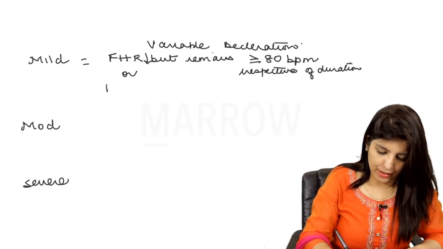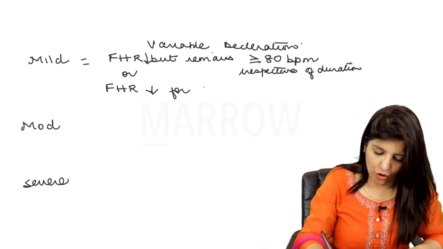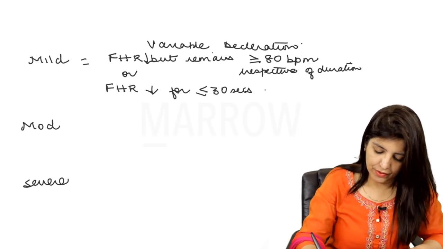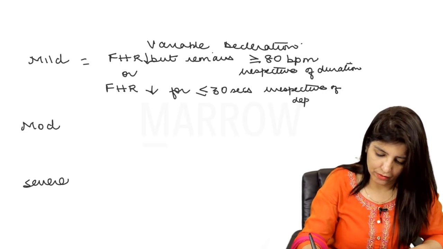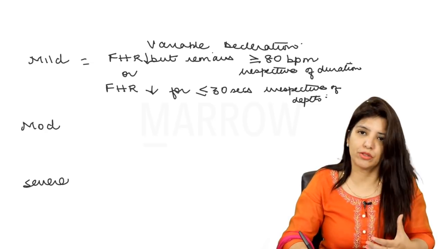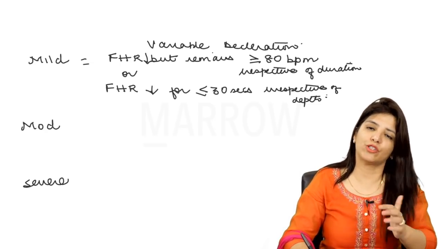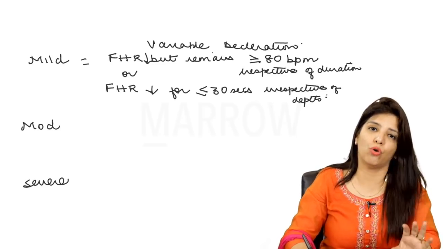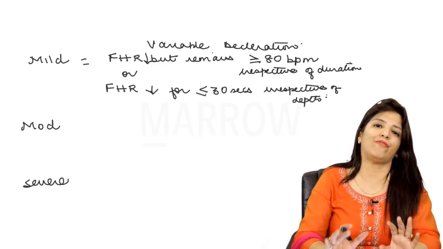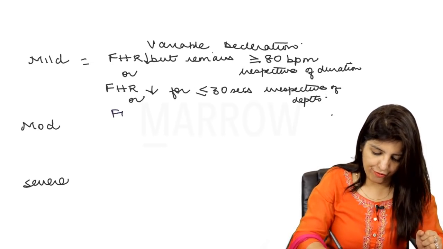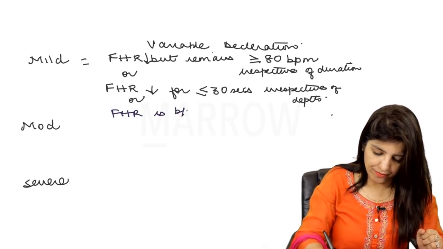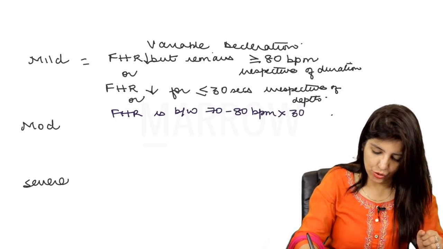Or if fetal heart rate decreases for less than 30 seconds, then irrespective of the depth. So no matter how much the fetal heart rate went low, it remained low only for less than or equal to 30 seconds. Or if fetal heart rate is between 70 to 80 beats per minute for 30 to 60 seconds.